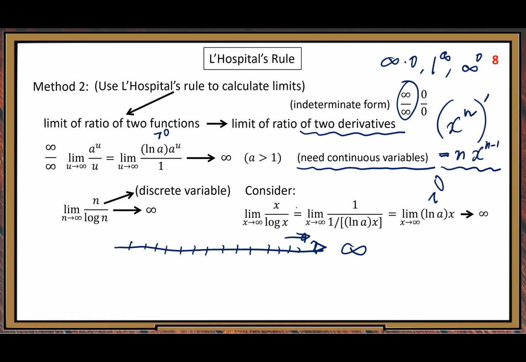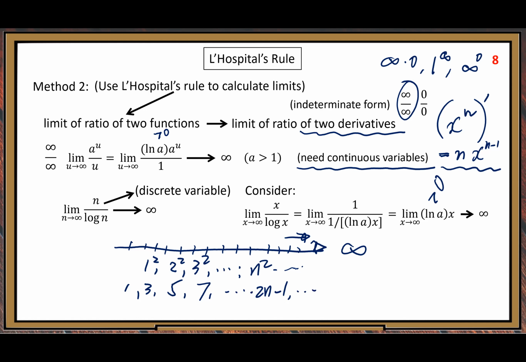So let's select x values going to infinity. Can we take 1 squared, 2 squared, 3 squared, n squared, going to infinity? Can we take 1, 3, 5, 2n minus 1?